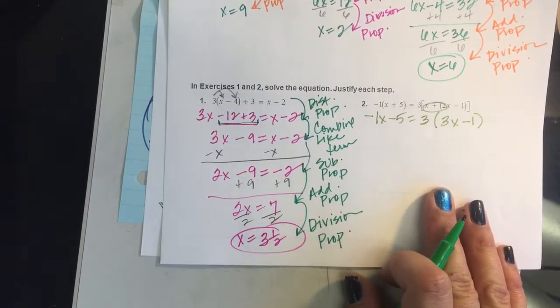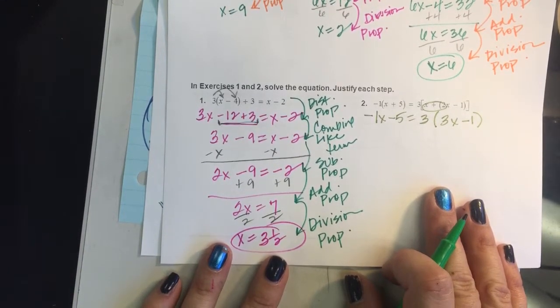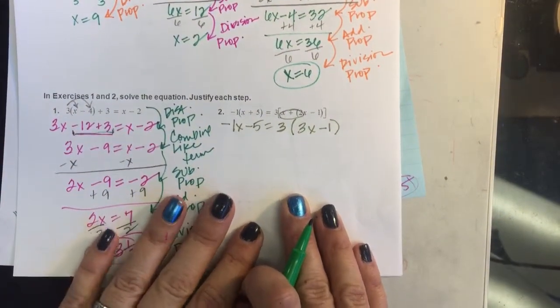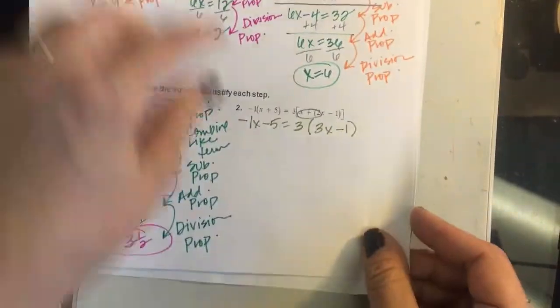Number 2, lots going on in number 2. The very first thing that I did, and I'm going to move this over, here we go. In number 2, I had circled, I'd started this problem with somebody the other day. The very first thing I did, there's brackets and parentheses.